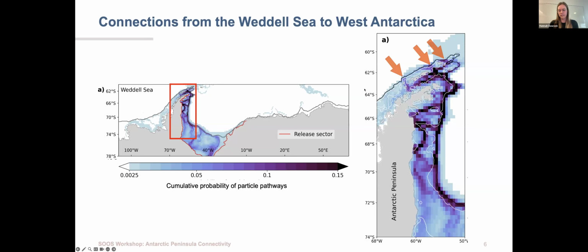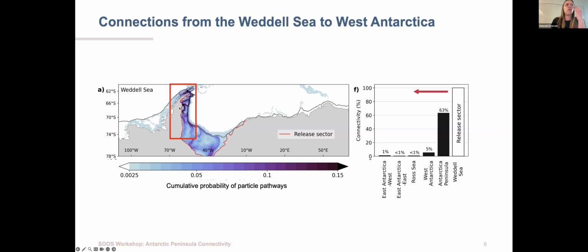And we can quantify the strength of this connectivity by looking at the volume of water that these particles represent reaching the West Antarctic sector. And in this study, the West Antarctic sector includes what would typically be called, I think, the Western Antarctic Peninsula. So again, we can see most of the water in the Weddell Sea will pass through the Antarctic Peninsula before entering the broader Southern Ocean circulation.